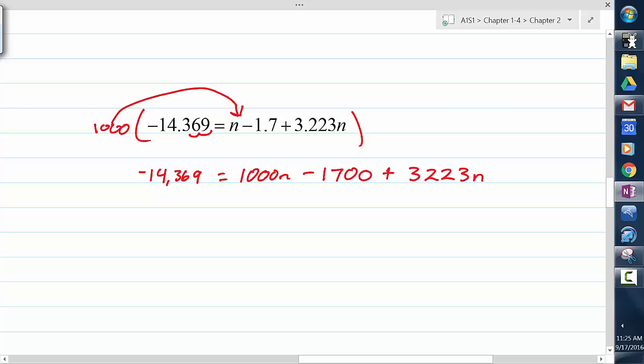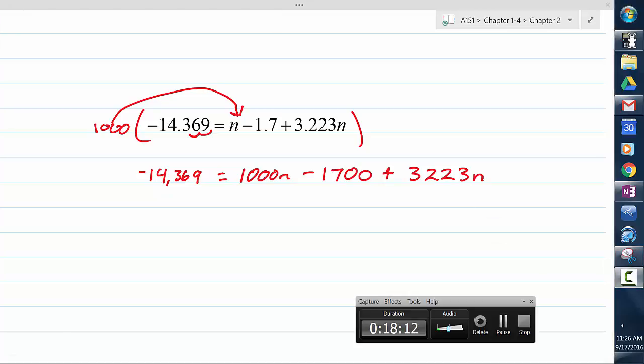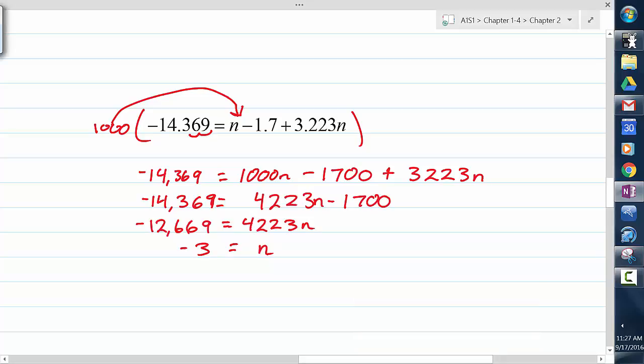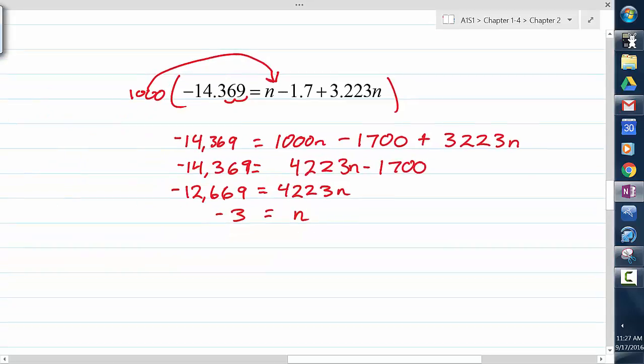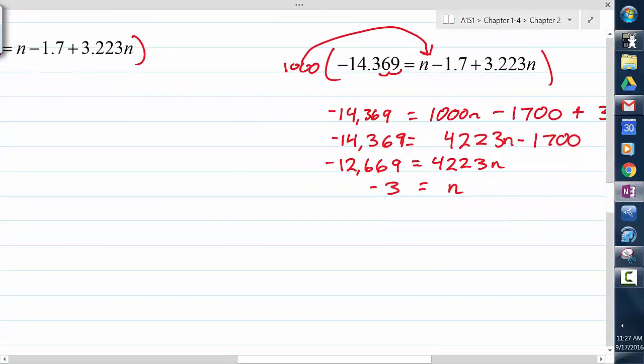Again, looks like an easier math problem to do, right? So since it's an easier math problem, we can solve. When we go through the motions, we end up with n equals -3. So it's not that bad once we get rid of the decimals. We try to get rid of these because they throw us off, right?